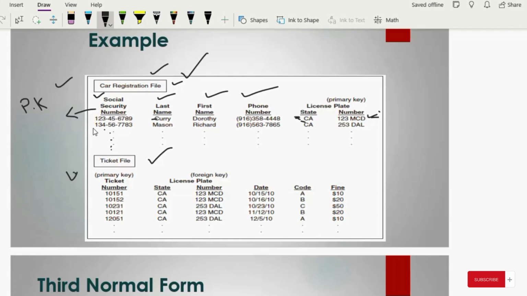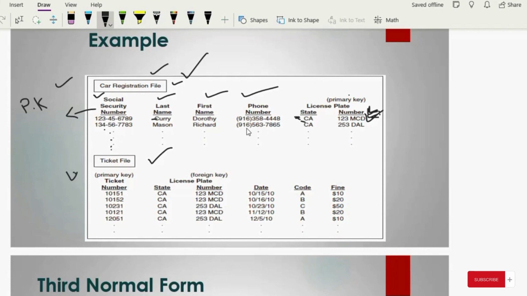Because there is repetition. So what should I do? I will be using the license plate number as a unique key, as a primary key, because one license number, one plate number will not be issued to another car. So in this file, the primary key will be the license plate number.